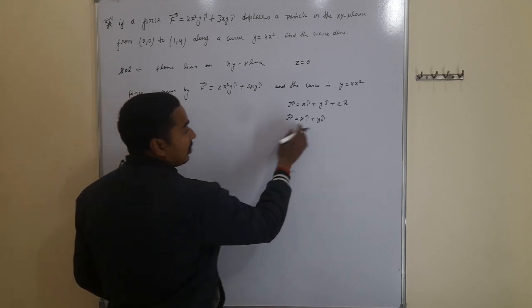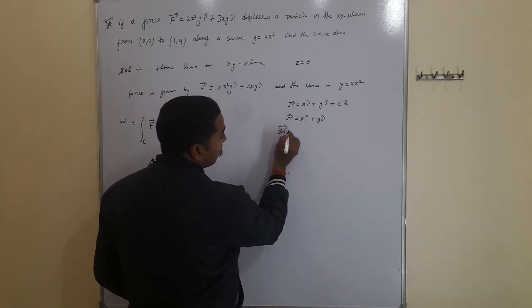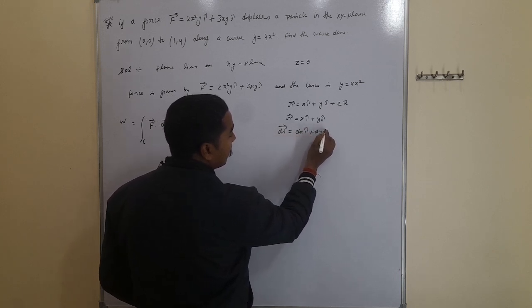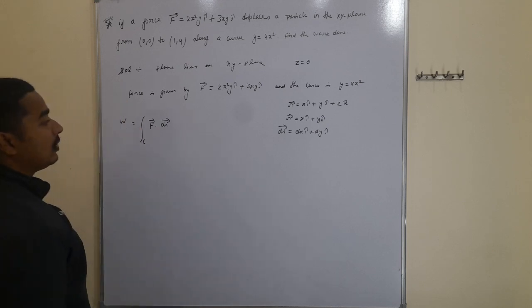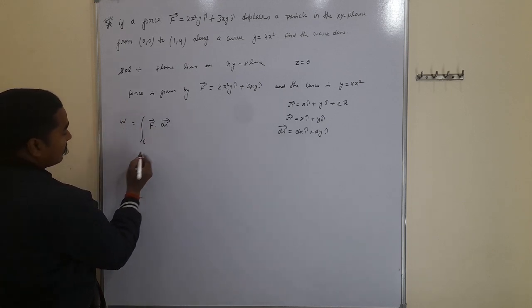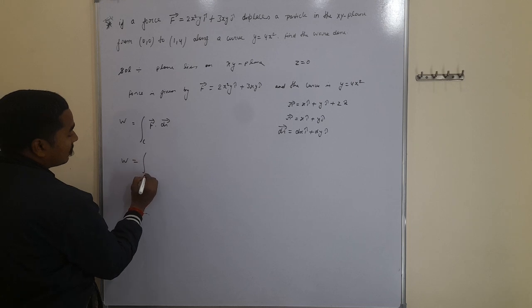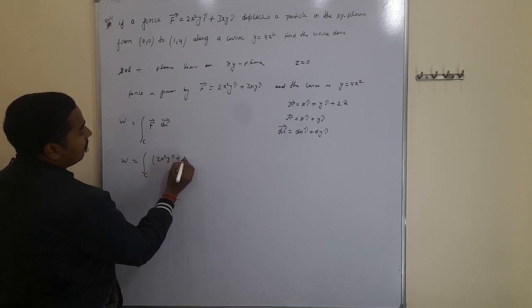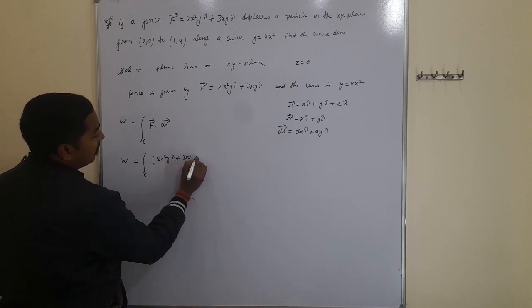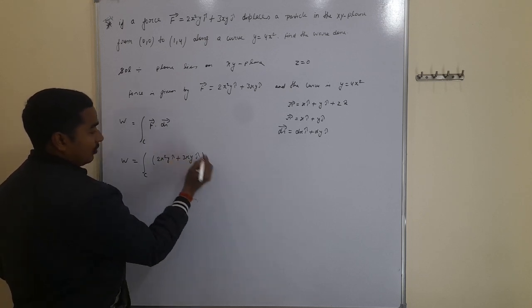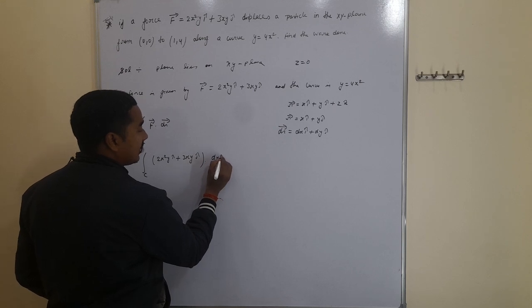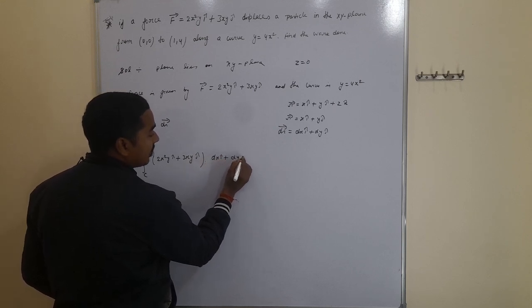Further, we can also write dr vector equal to dx i cap plus dy j cap, and putting the values in the work done formula, F vector is 2x²y i cap plus 3xy j cap, and dr vector is dx i cap plus dy j cap.